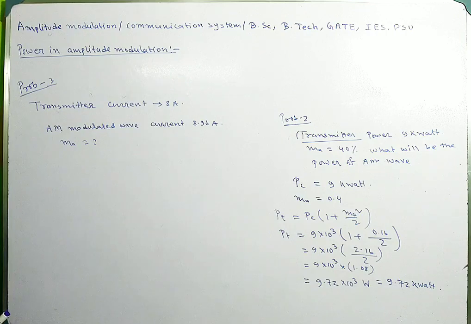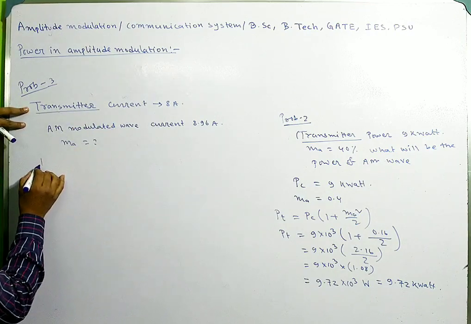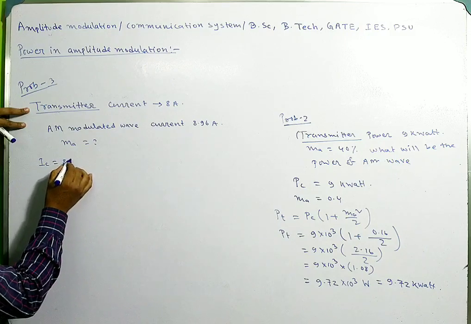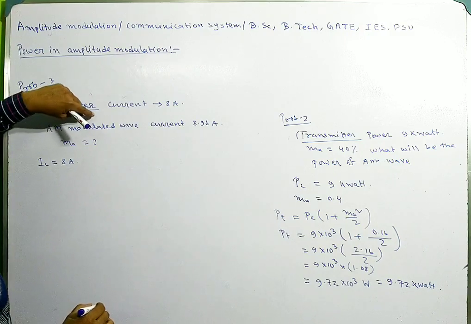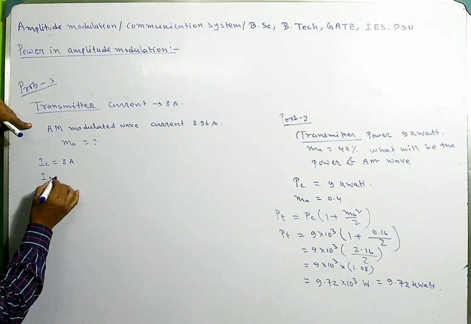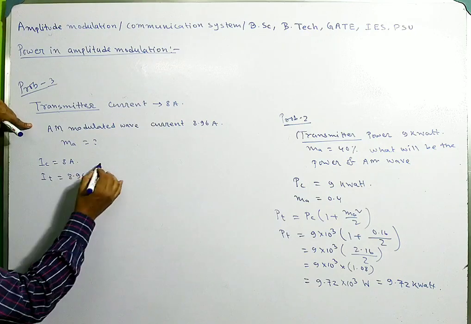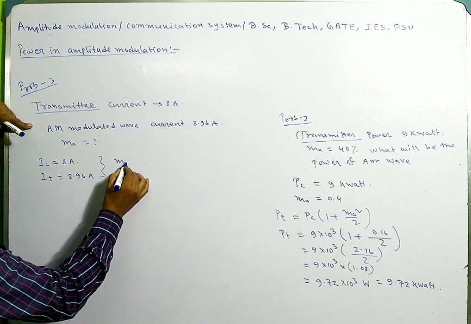So how to solve this problem? Here this is the transmitter, so it is the carrier current 8 ampere, and this is the amplitude modulated wave current. That means total current IT is given by 8.96 ampere. So you have to find out what MA equals.